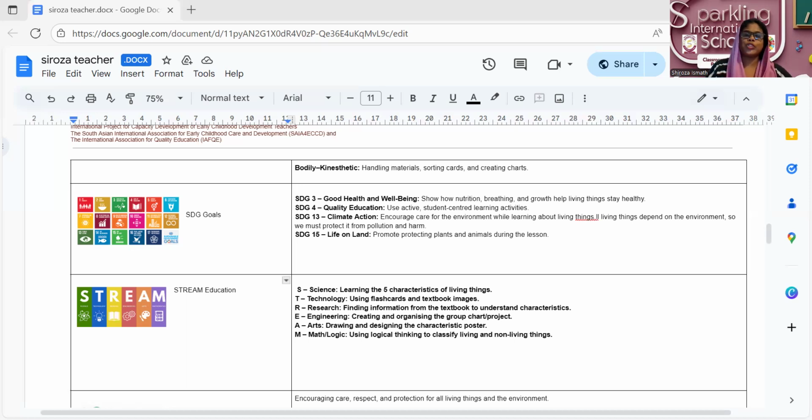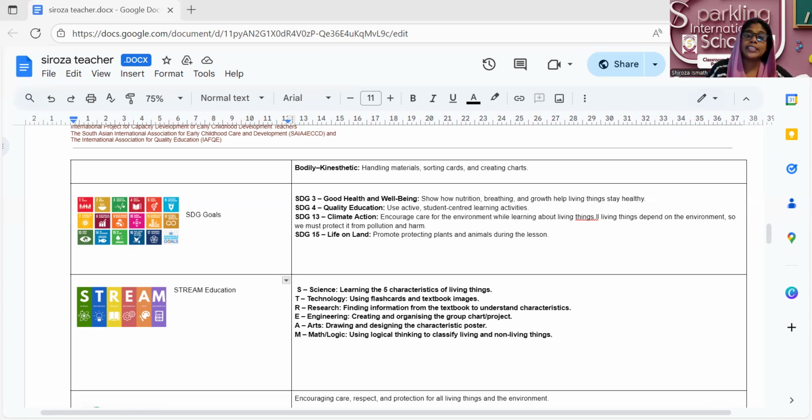And now let's see STEAM and how it connects with my lesson. Science: the main content is the five characteristics of living things. Technology: using textbooks, images, and flashcards as learning tools. Research: they find information from the textbooks and discuss the meaning in the group.